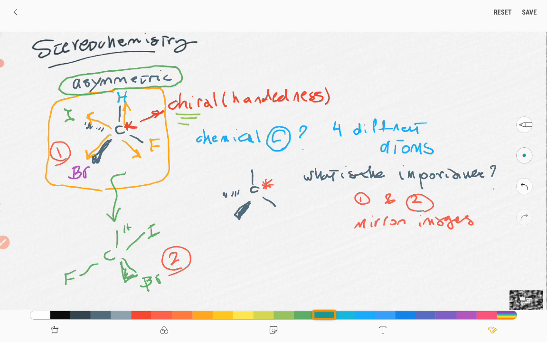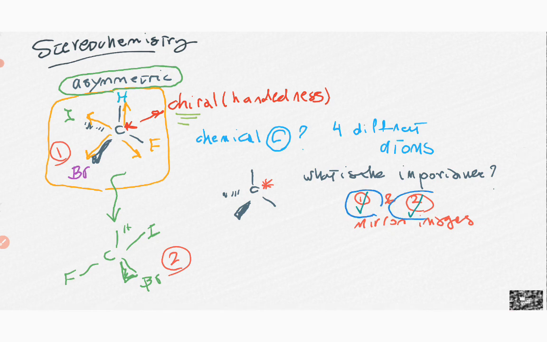Although molecules 1 and 2 have the same kind of atoms and the same number of atoms, they are different molecules, and when they are different molecules, they have different chemical properties.